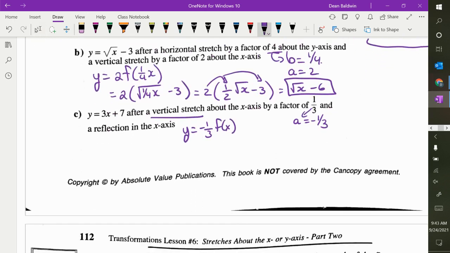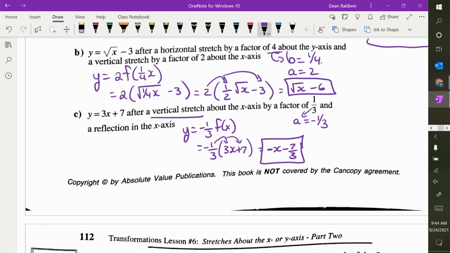Our function is 3x plus 7, so just for completeness, you can dump that in. What's negative 1/3 times 3? Negative 1x. And then minus 7/3. I mean, they're both the same answer. I'm just doing that because it's algebra.